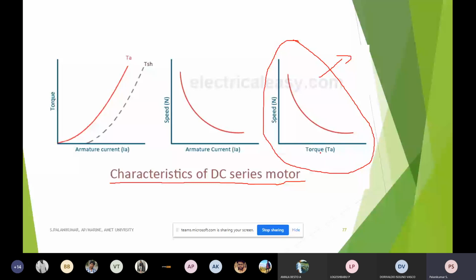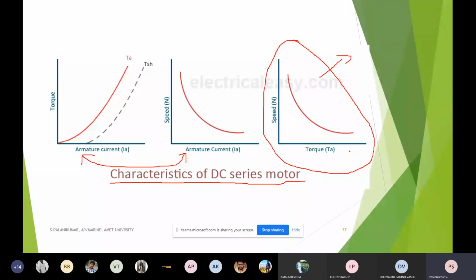So when we go for the sizing of the machine, that is deciding the rating of the machine, usually we take the first and second characteristics. We have to study those first two.